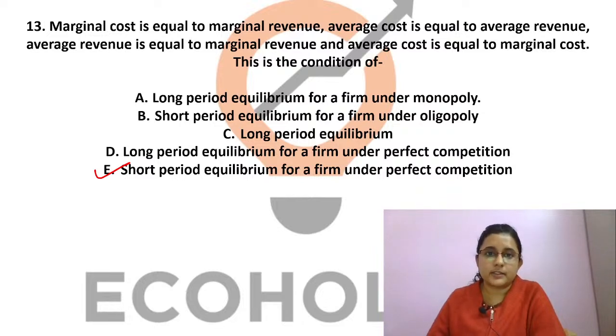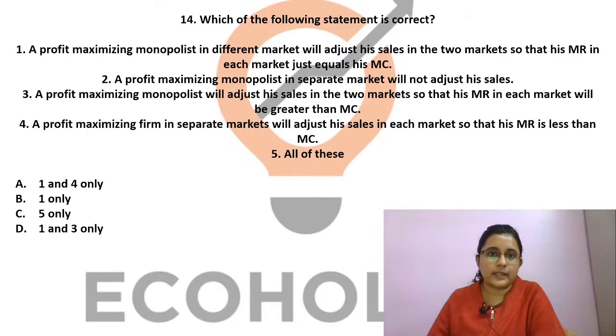MC is equal to MR, AC is equal to AR, and AR is equal to MR. D. Very good. These are the basic conditions which you study in your basics of microeconomics.